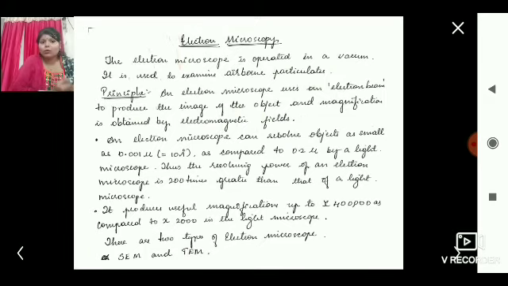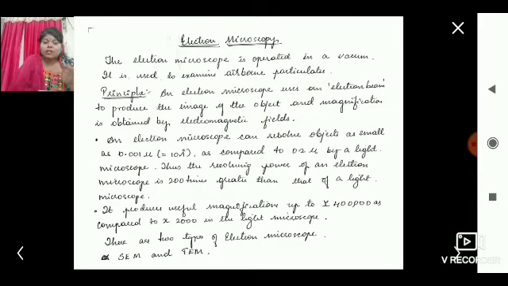An electron microscope can resolve objects as small as 0.001 micron, that is equal to 10 angstroms, as compared to the 0.2 micron by a light microscope. Thus, the resolving power of an electron microscope is 200 times greater than that of the light microscope.